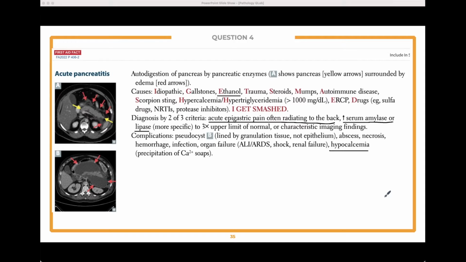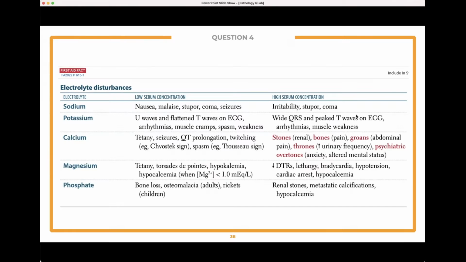Okay. Now, if we take a look at the next slide, this is our nice table in First Aid talking about electrolyte disturbances. So we take that hypocalcemia, and now let's look at what it would look like in our electrolyte disturbances table in First Aid. And you can see here, low serum calcium can lead to twitching, or the Chvostek sign.